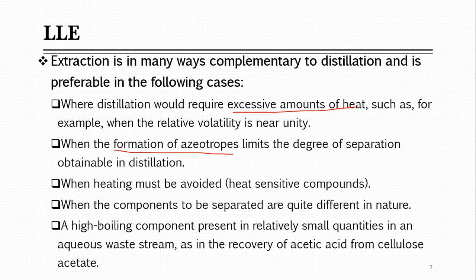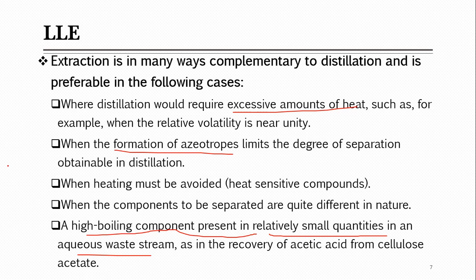And then there is a high boiling component present. This is another case, somehow related to petroleum, or sometimes it can be applied to other industries too. Here, if we have a high boiling component present in relatively small quantities in an aqueous waste stream, what does this mean?